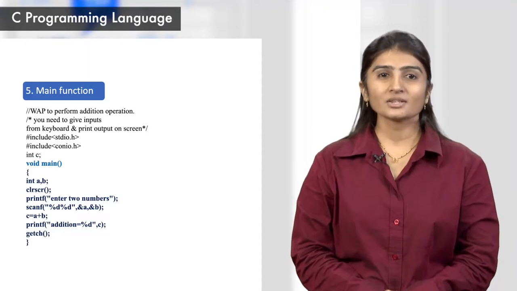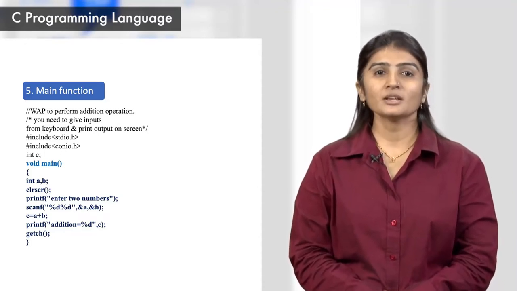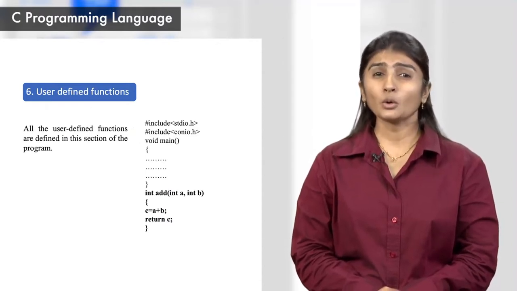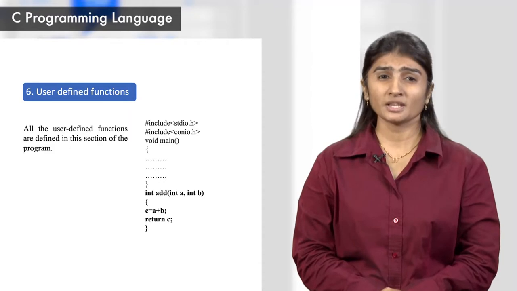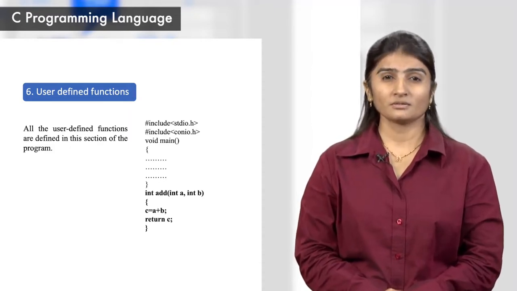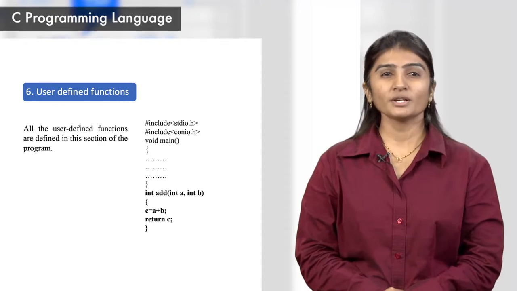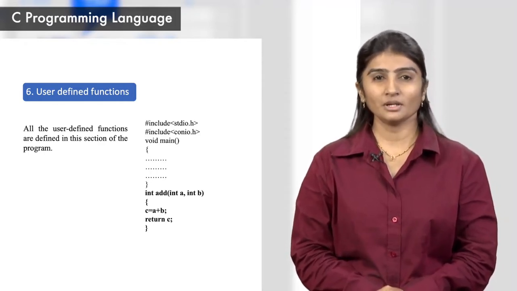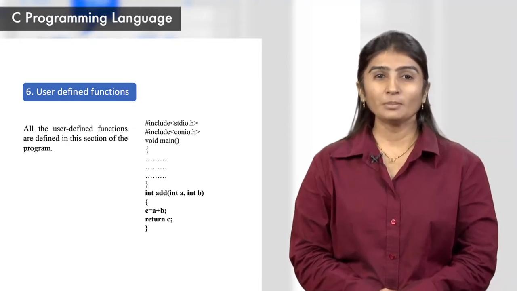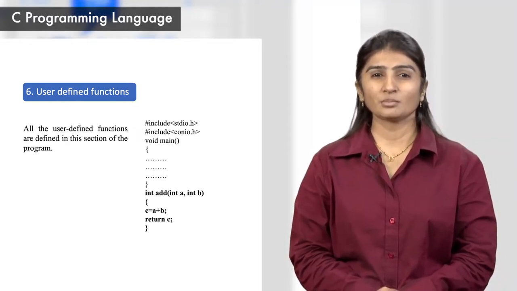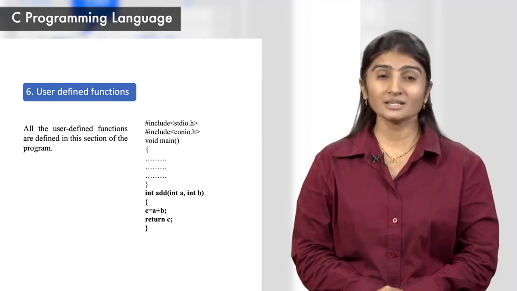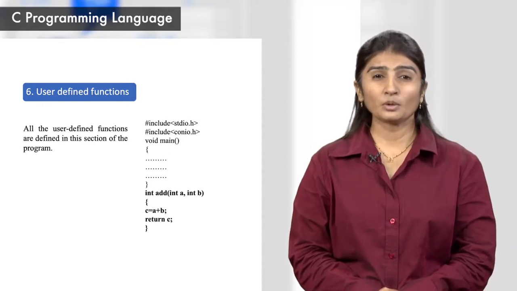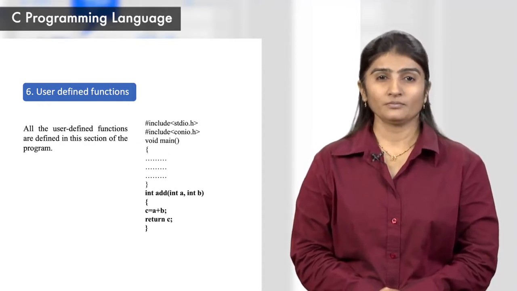The last section of the structure of a program is user defined functions. I already told you about built-in functions in the previous section of this lecture. Now I am using the term user defined functions. There are lots of built-in functions available, but whenever we implement a program for which a function does not exist in the compiler, we want to implement something outside of those functions' bounds.